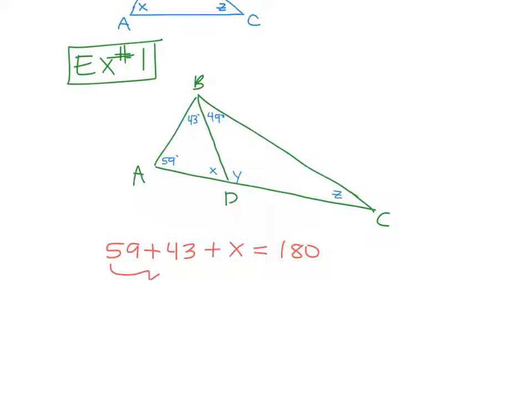If we add these two together, you get 102. So we take away the 102 so that X is equal to 78 degrees.